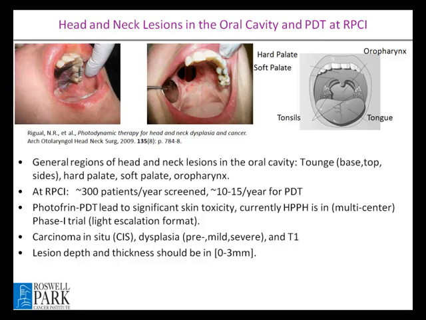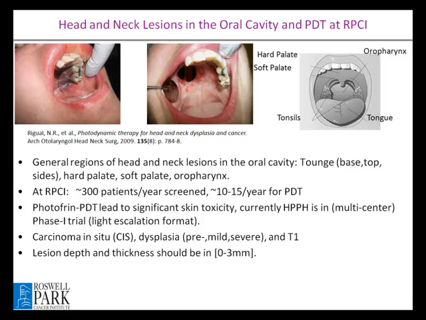About 300 patients were actually screened at Roswell, and about 10 to 15 patients will go for the PDT. We also already did Photofrin-based PDT. This is a well-known PDT compound. We saw that there is significant skin toxicity, so we switched to HPPH, which has much less skin toxicity.